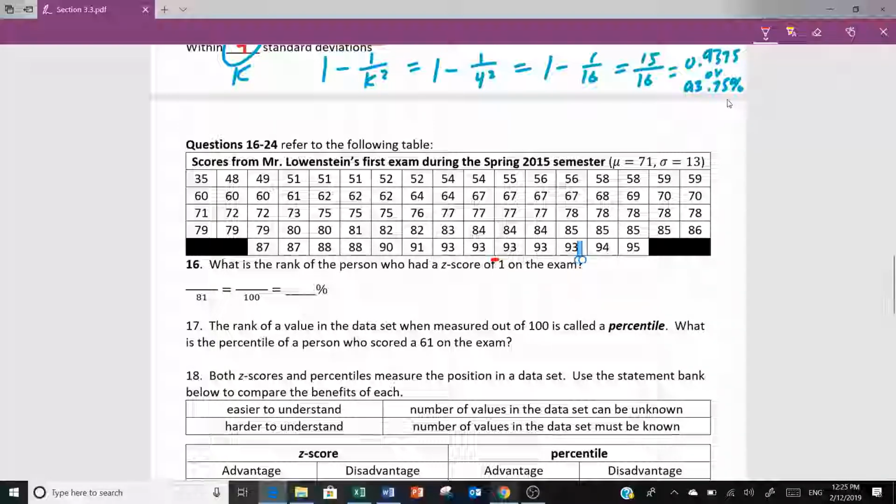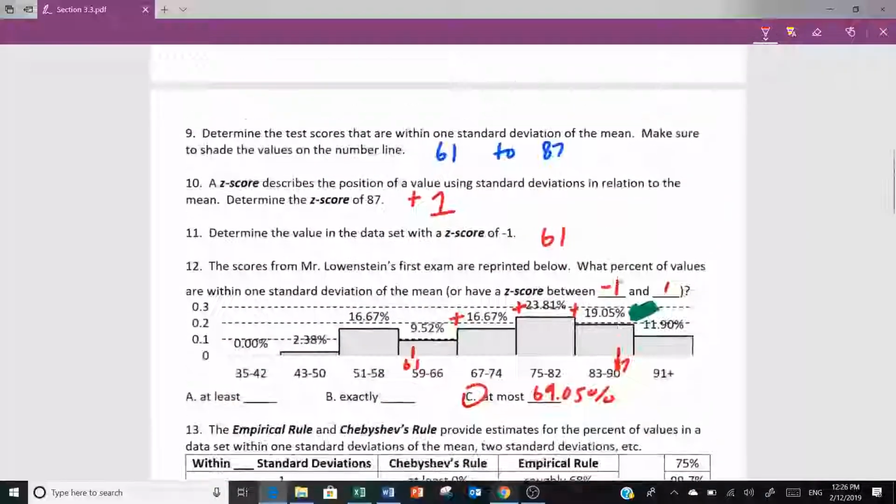The problem with doing it as 1 is if there are 3 values in the set. What was the z-score of 61? Okay, hold on, let's go back here.